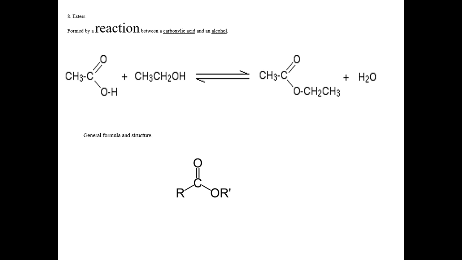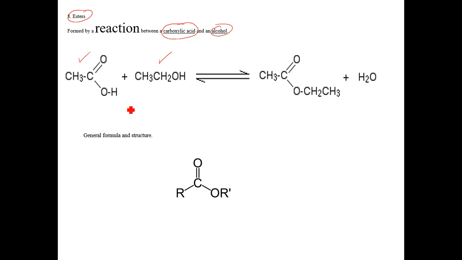Last one that we have here, these are the esters. So these are formed by a reaction between the two previous ones that we just took a look at. So if you take a carboxylic acid like we have here, if you take an alcohol like you have here, and if they do react together, then what we're going to get is the ester in this case.